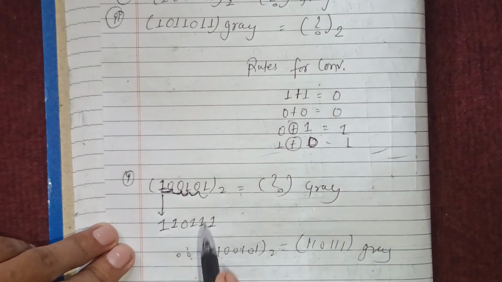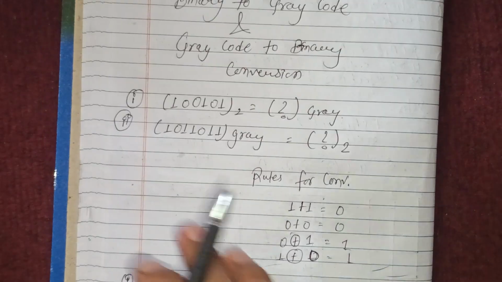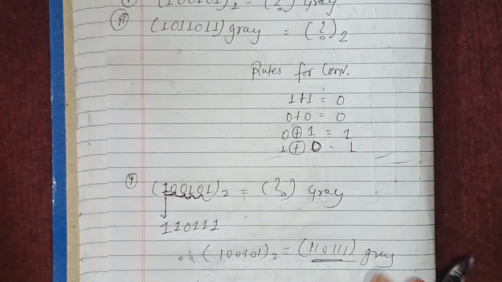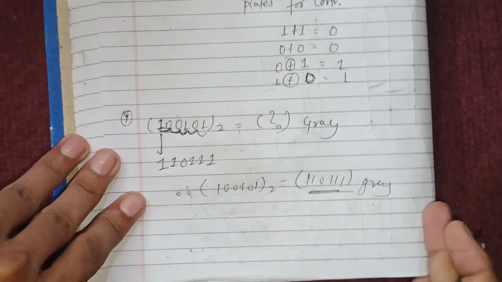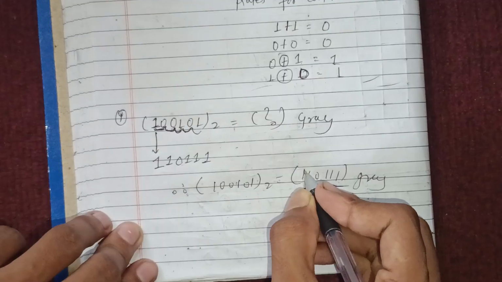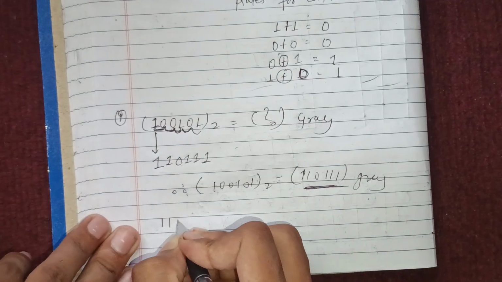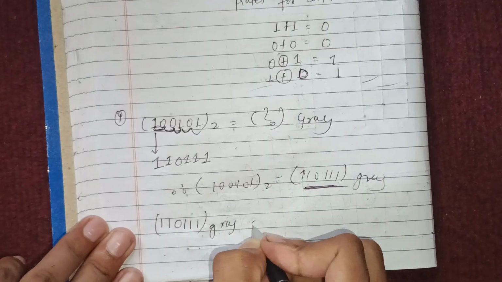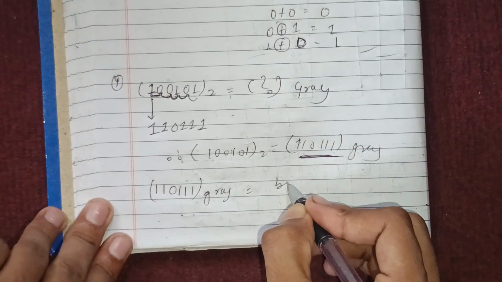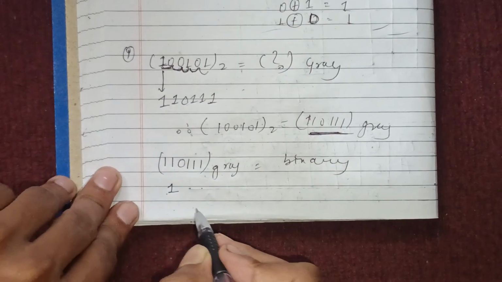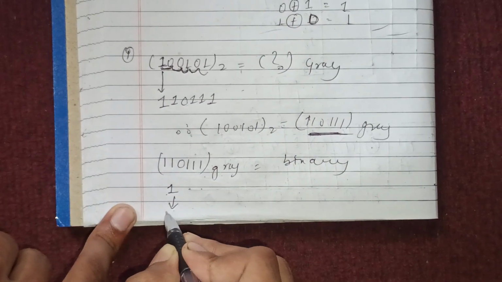Before heading towards the second question, I'll convert this gray code back to binary, so you get a clear concept of this. So let's convert this answer, gray, to binary. To convert gray to binary, the first step is you just write the first number as it is.